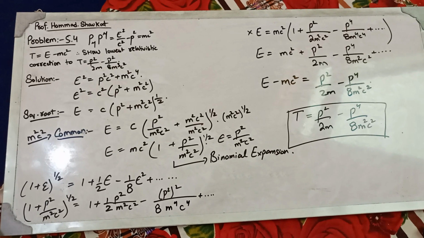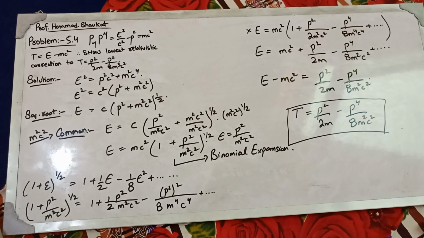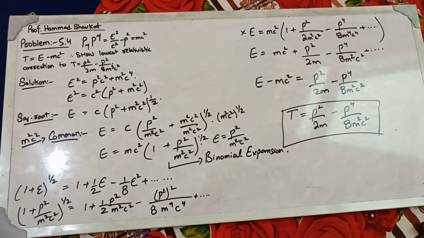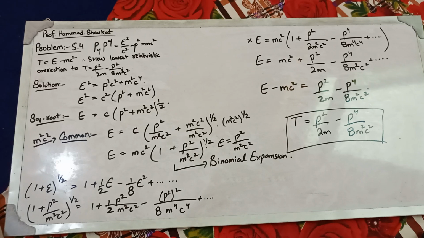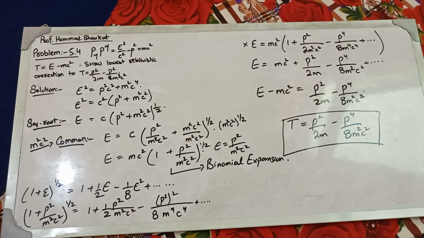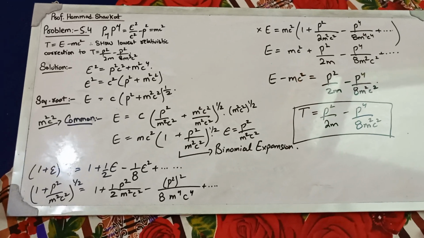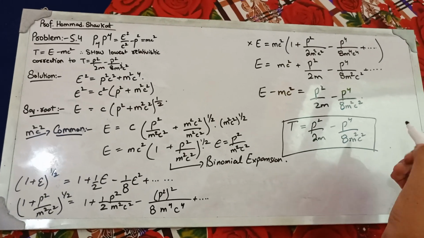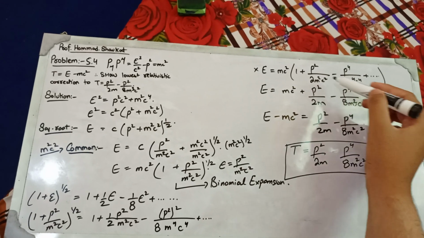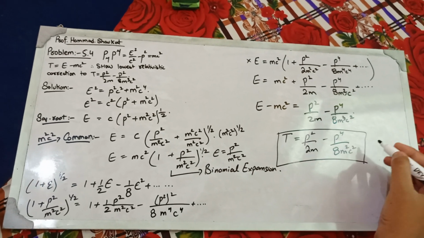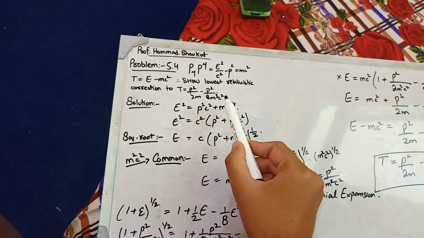This is how you can solve problem 5.4 of Griffiths for particle physics, and find the kinetic energy term and the lowest order relativistic correction. Here is m³, because one m cancels, leaving m³. So this is your final answer, which you had to prove.